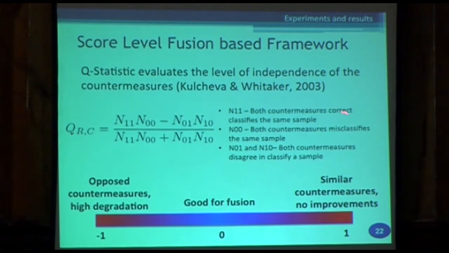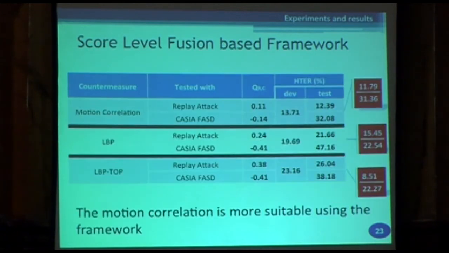When you have Q close to 1, the classifiers are quite similar, and probably no improvement will be gained with the fusion. When you have Q close to -1, the classifiers oppose each other, and high degradation will be obtained when you fuse the classifiers.